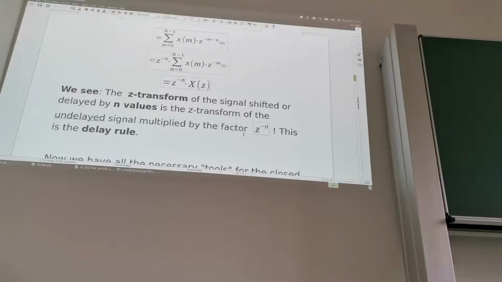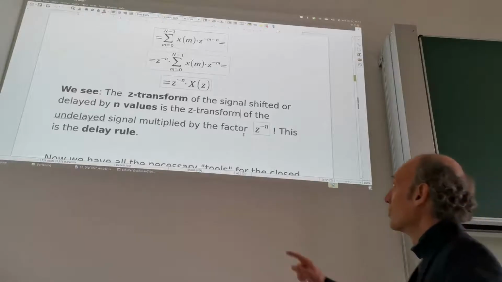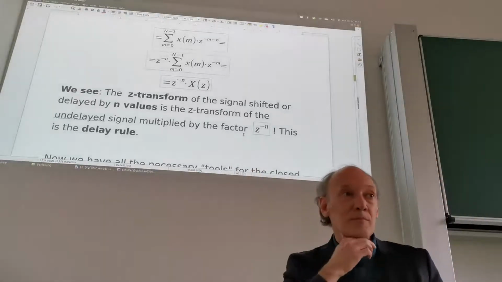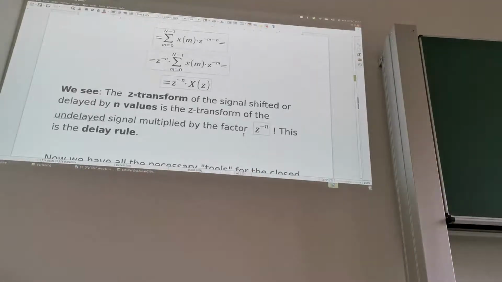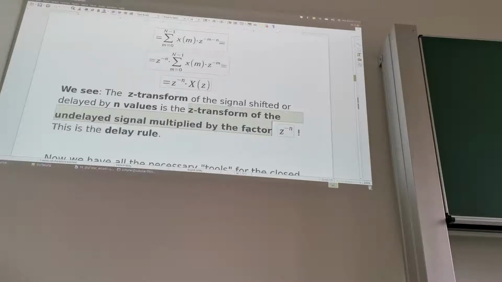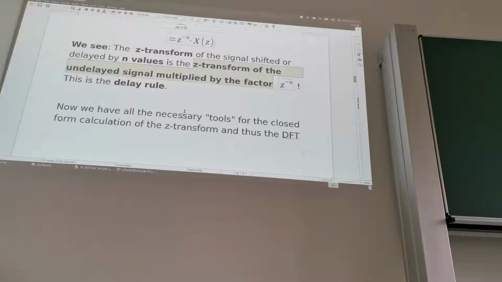And this is also called the delay rule. So here, the z-transform of the undelayed signal is multiplied by this factor. Does it make sense?